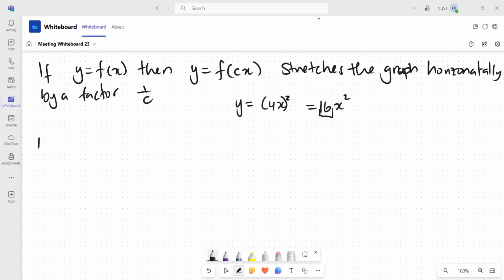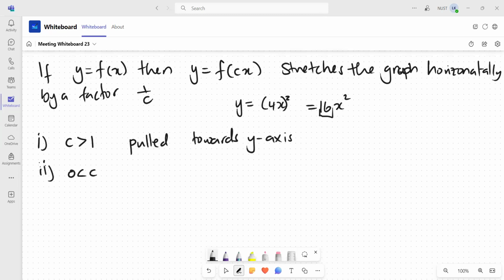Okay, so we say here that if c is greater than 1, it is pulled towards the y-axis, and if it's between 0 and 1, then it is pulled away from the y-axis.